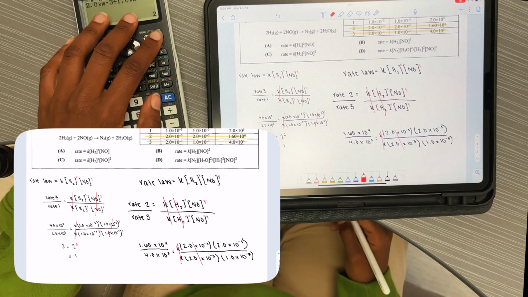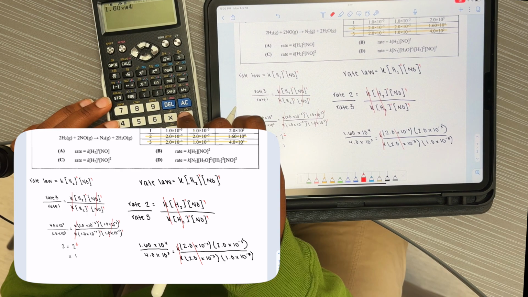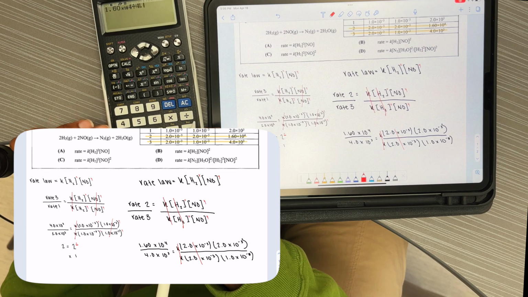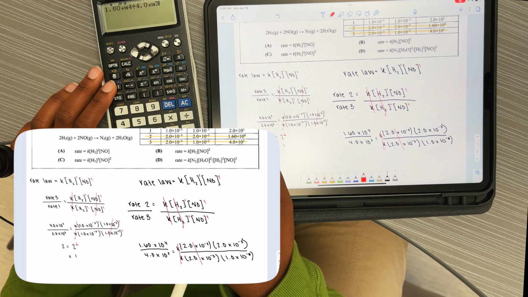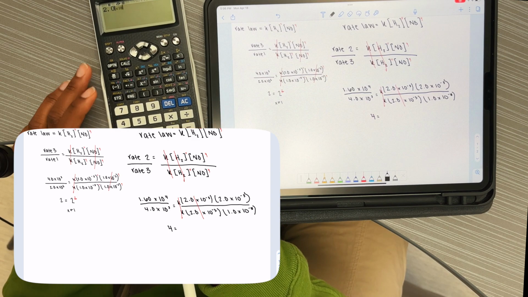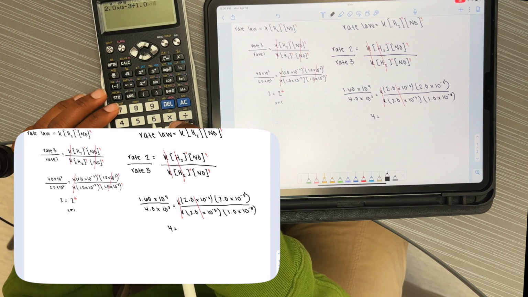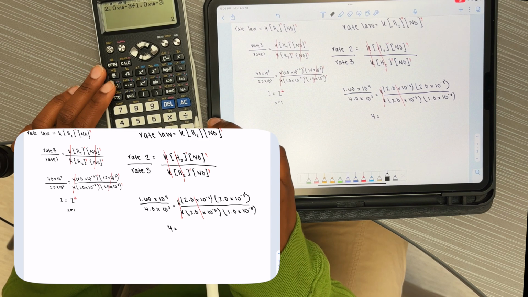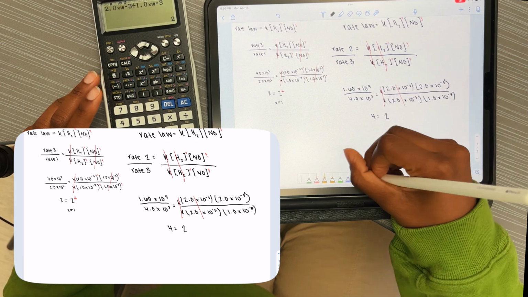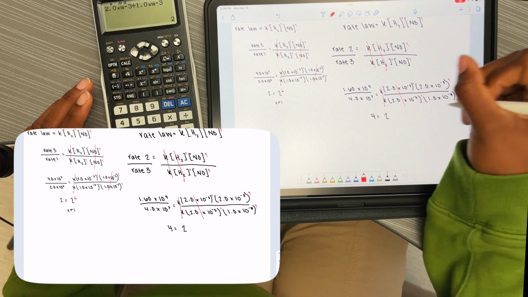So now we will use our calculator to determine the change. Equals 2. So we're going to bring down our exponents.